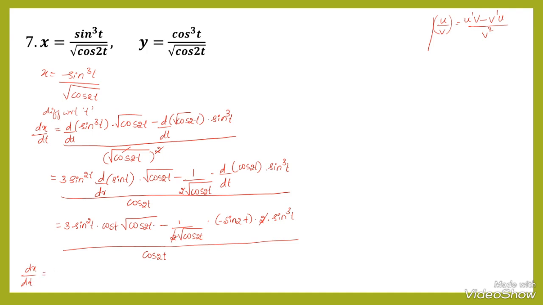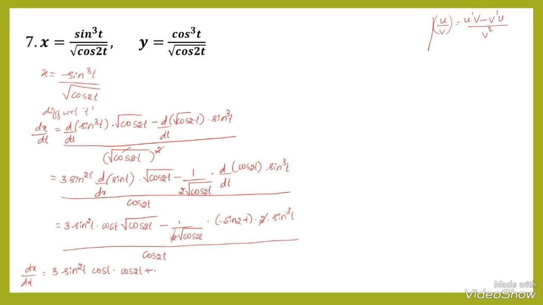taking the LCM of the numerator. Here the root gets cancelled: 3 sin square t cos t. Here, multiplication of root on this side, it becomes cos 2t. Then root of cos 2t I am taking in the denominator.